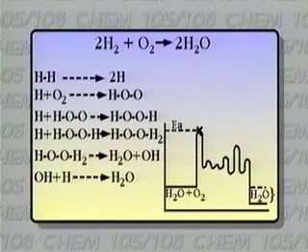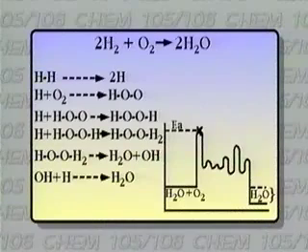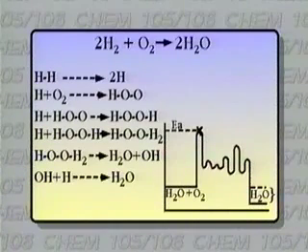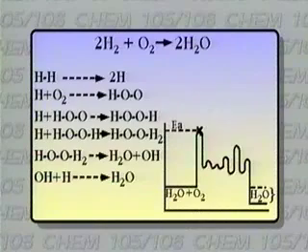But we notice that for each reaction there's an activation energy barrier. Obviously in this reaction mechanism, the first one here is the highest hill, the highest barrier. It's the one that's going to control the rate of the reaction.